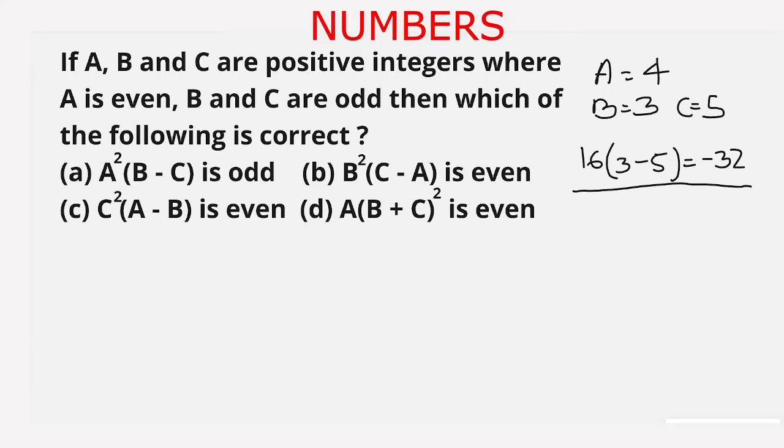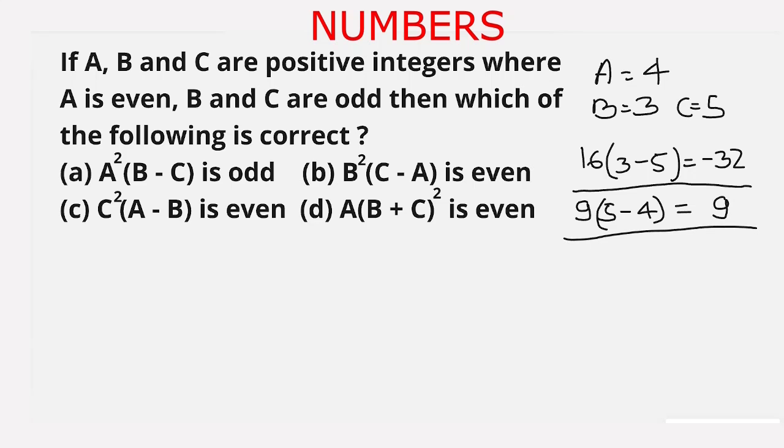Now option B: B square, which is the square of 3, is 9, into C minus A. C is 5 minus A is 4, so it is 1. 1 into 9 is 9, which is odd. Hence, B is incorrect.